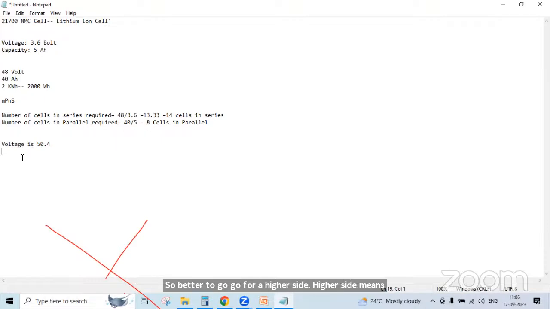So voltage is 50.4 and current, this is battery level, so current is 8 into 5, 40. Now, if you multiply the battery pack voltage and battery pack current capacity, then it will give you the battery energy capacity.